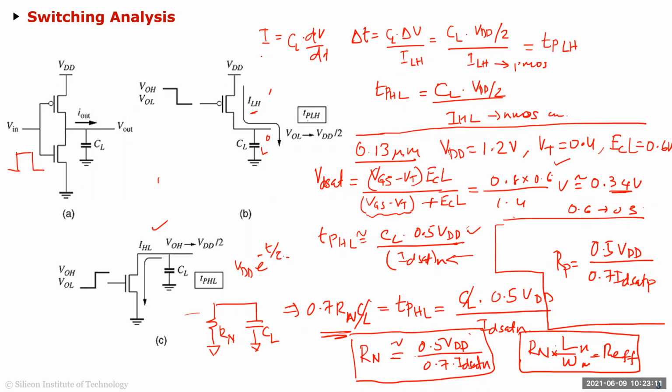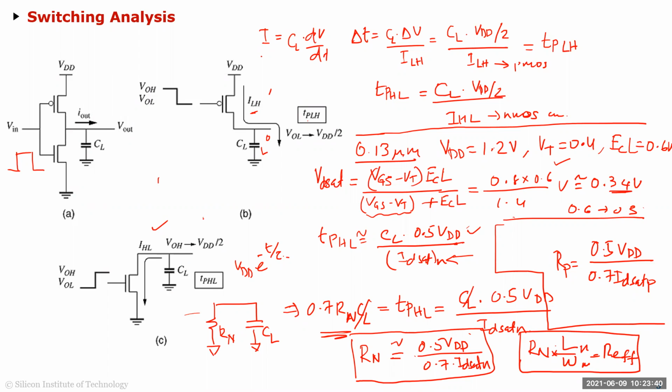Then you can effectively take the saturation current as the current throughout the charging period. Actually, I'm sorry. So I said most of the time. It's actually going to be all the time in saturation, because we are not charging it all the way to VDD, or discharging it all the way to the ground.